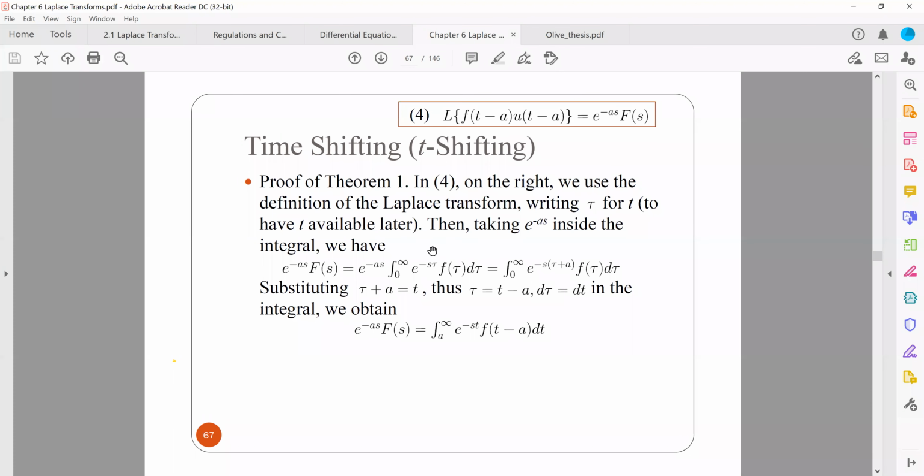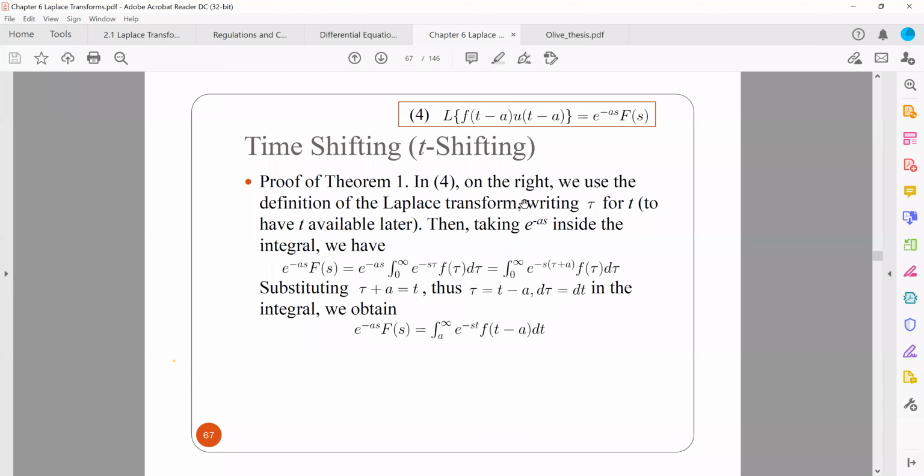We're going to bring this s inside here, so we end up with minus s tau to the whatever. Then we replace tau plus a equals t. So tau is equal to t minus a, and d tau is equal to dt. I hope you remember these things. This is HSC math. And in the integral, if you replace with t, you end up with this.